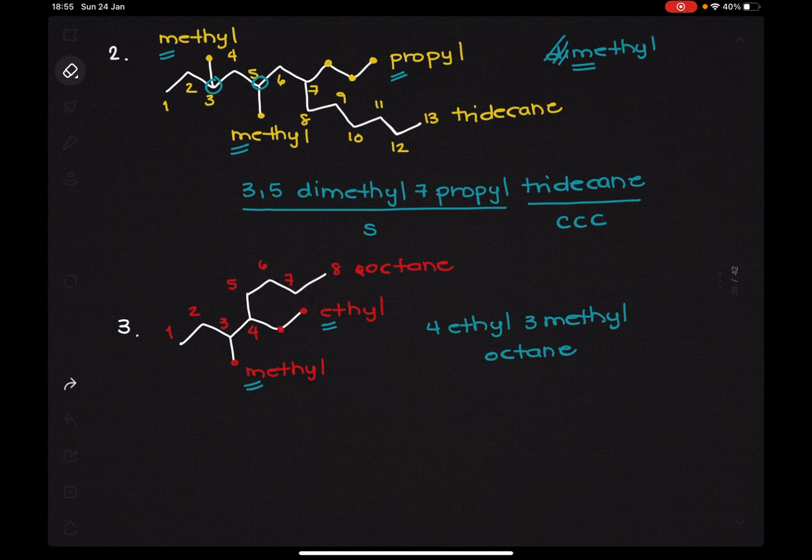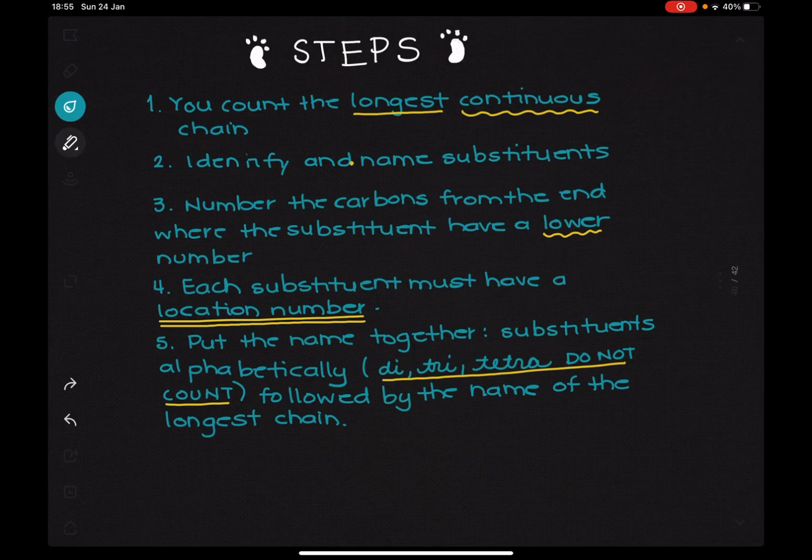This was very straightforward. So let's go over the steps in naming an alkane chain. First, you need to count the longest continuous chain. Then you need to identify and name the substituents. Number 3 would be to number the carbons from the end where the substituents have the lowest number possible.